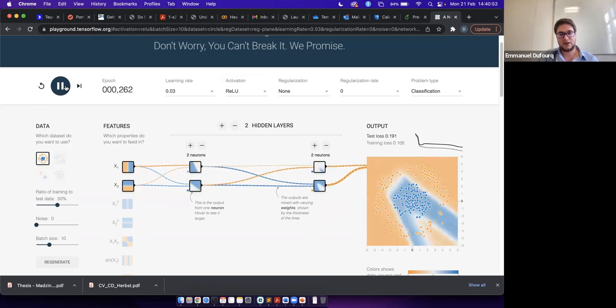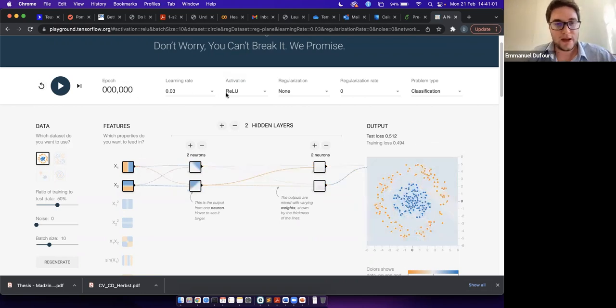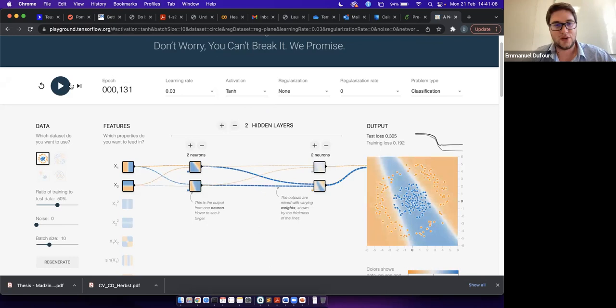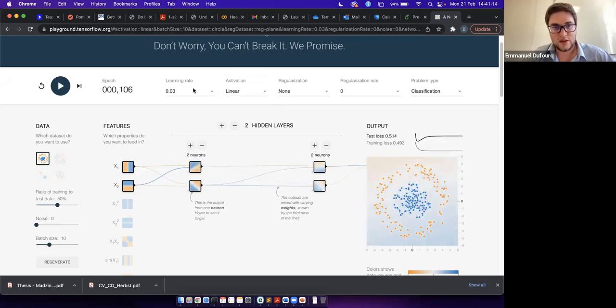Okay, in this case, the ReLU function is not able to optimize for this problem. So you can play around. Let's put it back to how it was. Let's leave it as, I can't remember what it was. I think it was hyperbolic tan. No, it was maybe linear. I can't remember. Sigmoid.